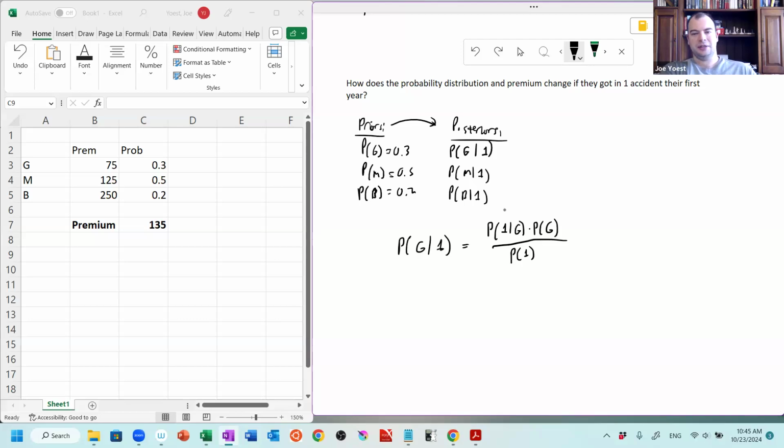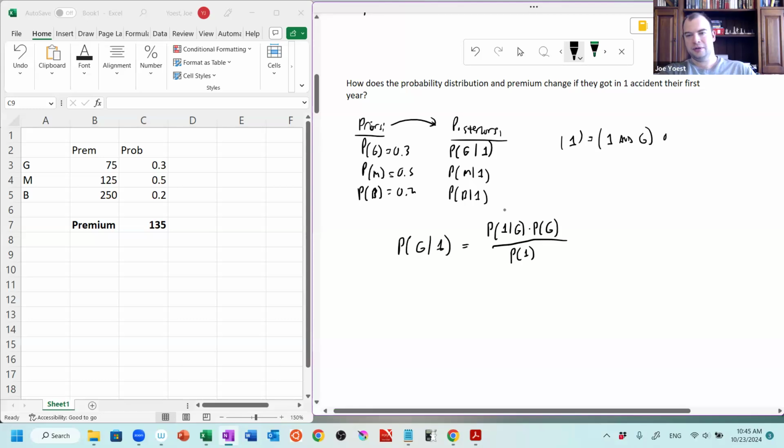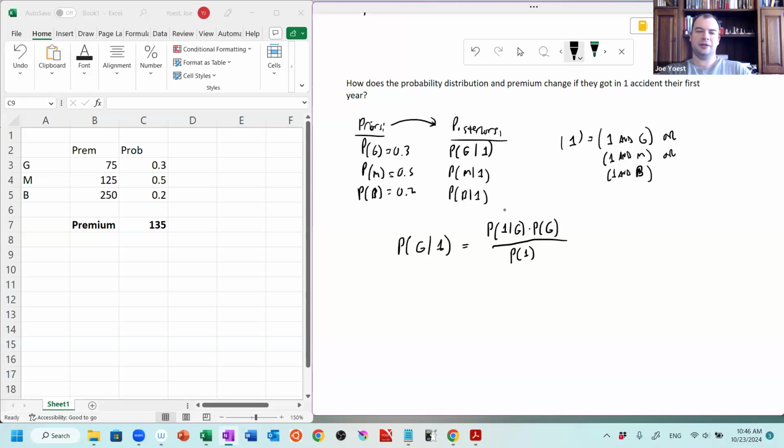Now I do know that there are 3 ways to get one accident. So the event getting in one accident is 1 and good, or they could be a moderate driver and have gotten in one accident, or 1 and bad.